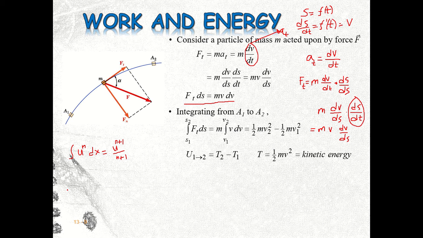So something like this, class. If you have integral of v dv, limit from v1 to v2, this is equal to v squared, using this formula, over n plus 1.